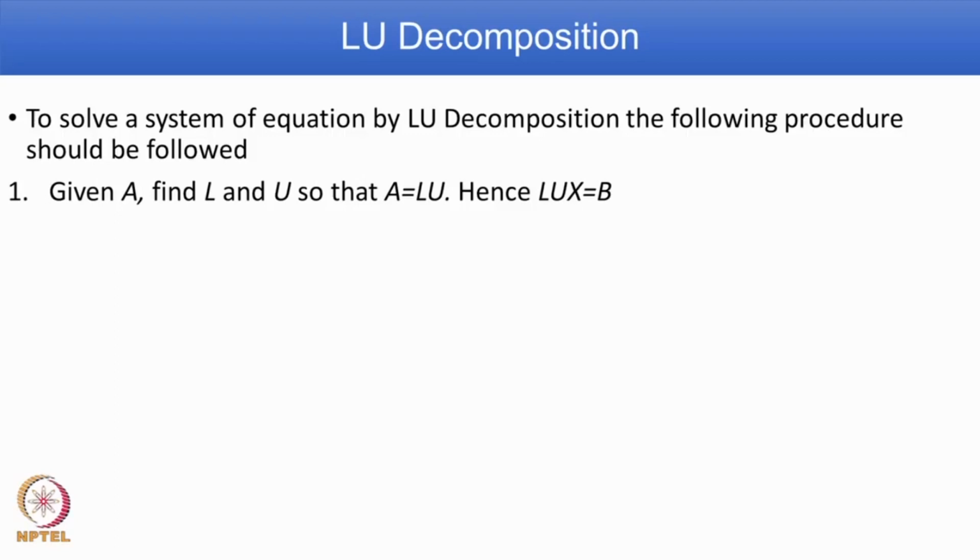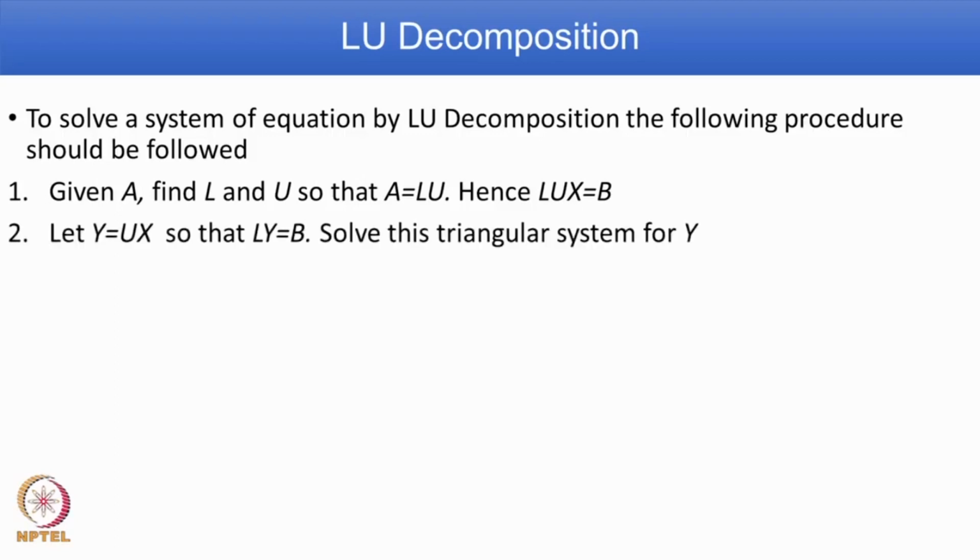So, given A, find L and U, which we have already done, and now set y equal to Ux, so that it becomes Ly equal to b. Now, if you solve this, because L is now a triangular system and y is the unknown, and b is again known from the original set.